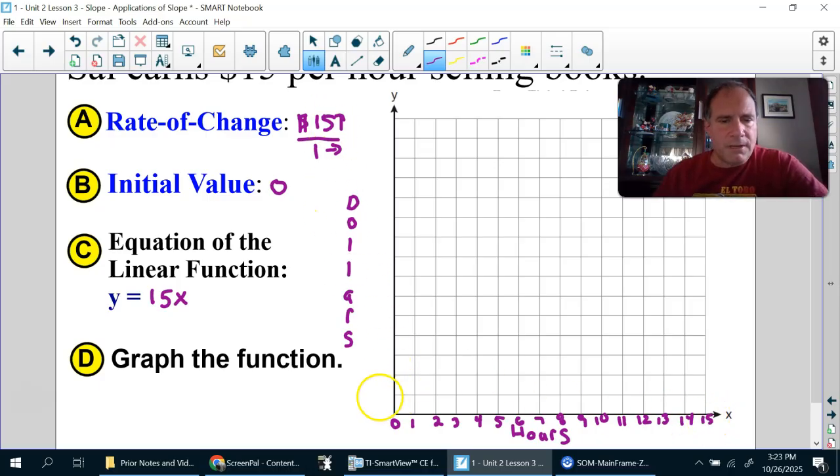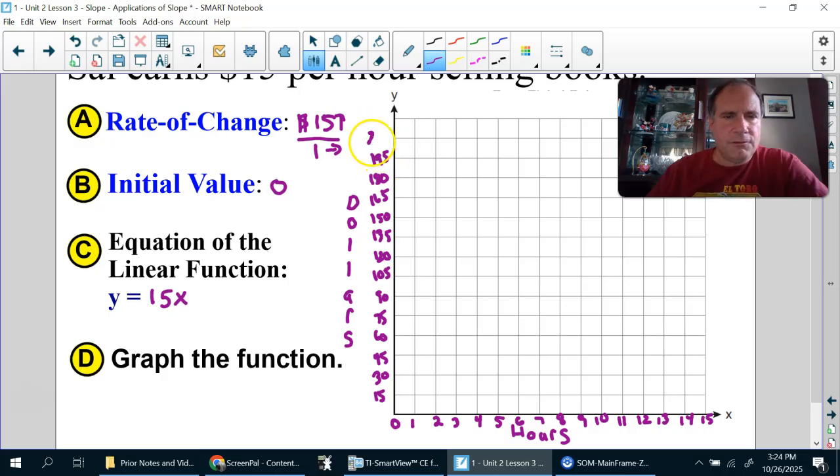And then we are going to increase by 15s. $180, $195, $210, and then $225.